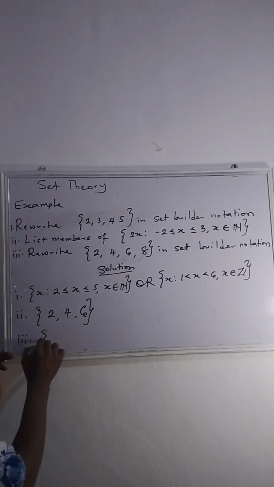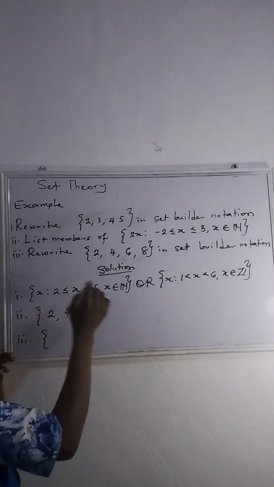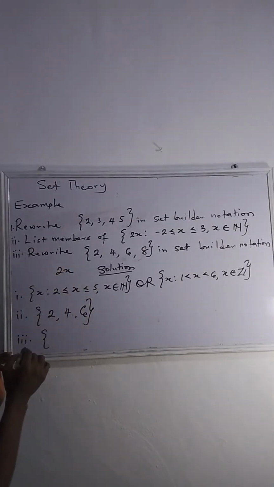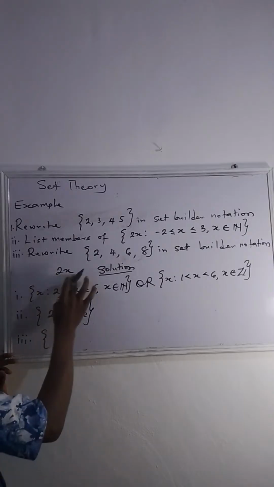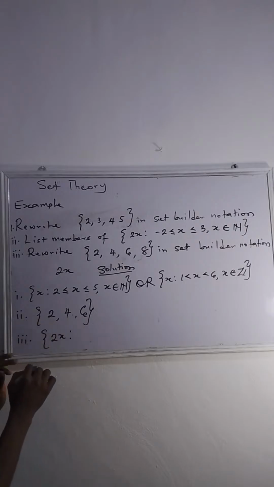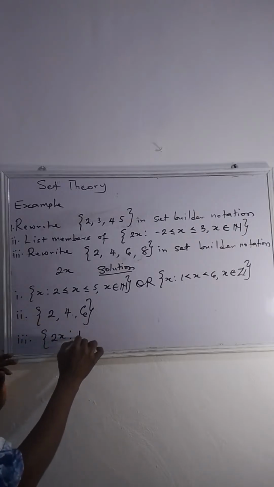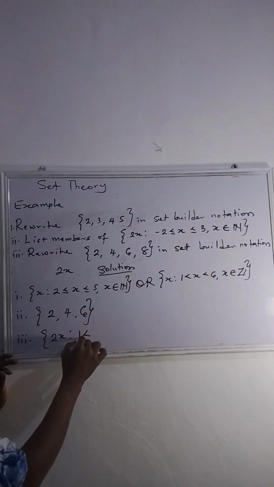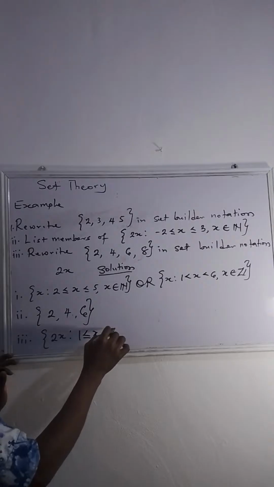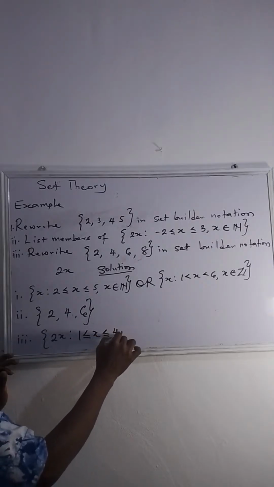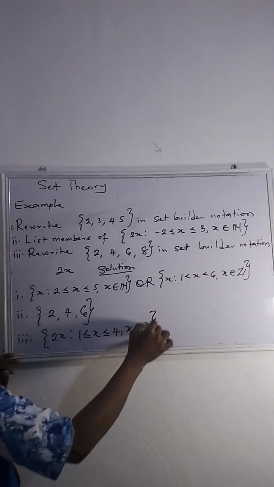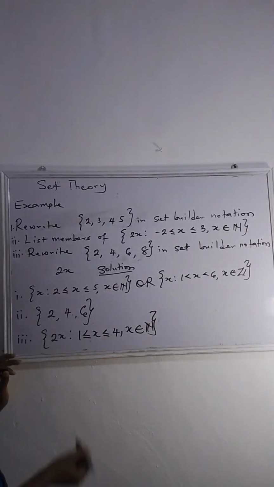The general form for multiples of 2 is 2x. So I have the set of 2x such that 1 is less than or equals to x, and x is less than or equals to 4, where x is a natural number.